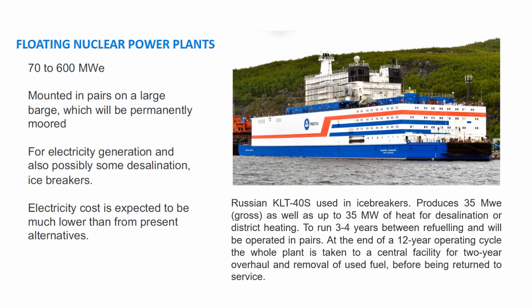What you have here is a Russian KLT-40S used in icebreakers, a floating nuclear power plant which produces 35 megawatts electric, as well as 35 megawatts of heat for desalination or district heating. And this is expected to run for 3 to 4 years between refueling and will be operated in pairs.